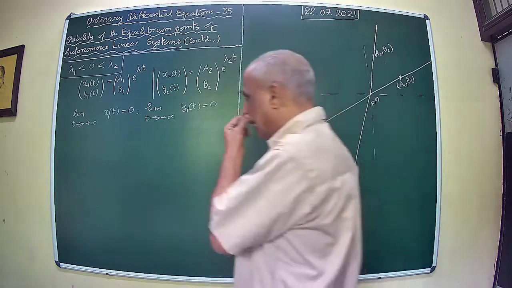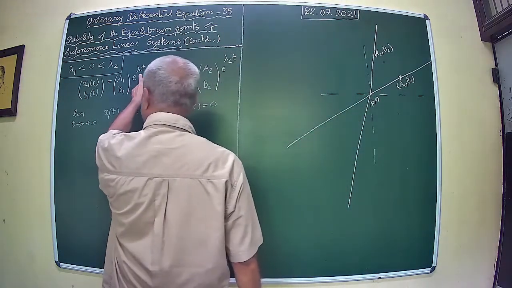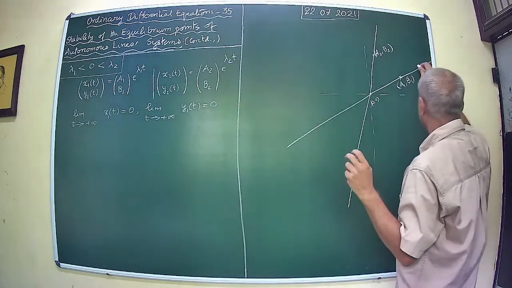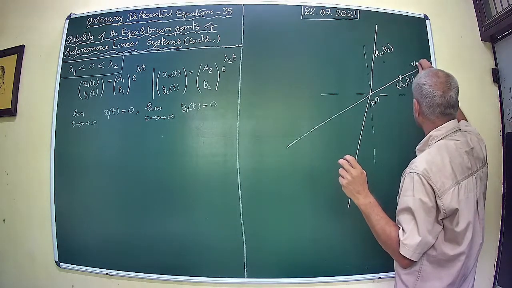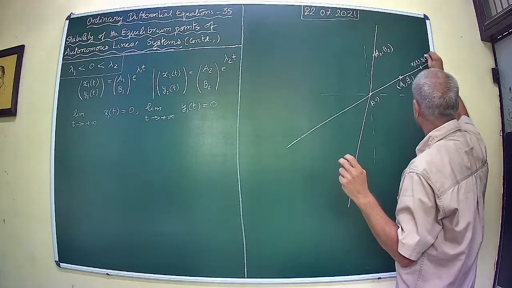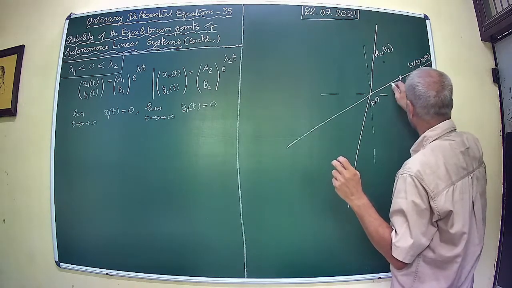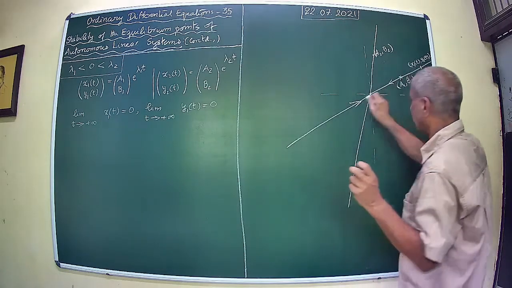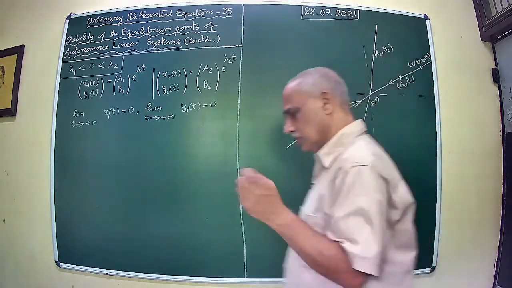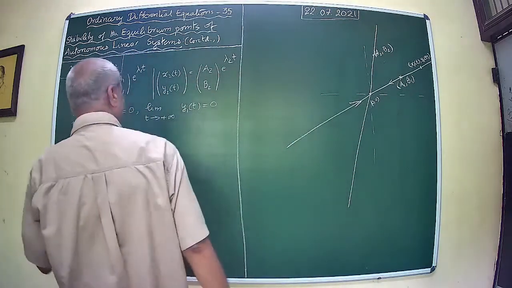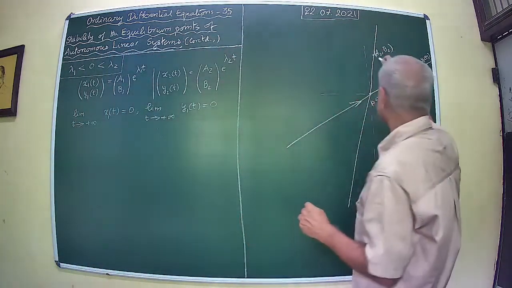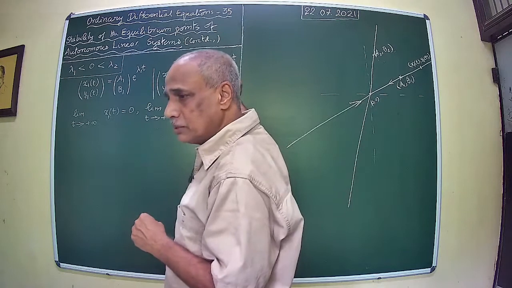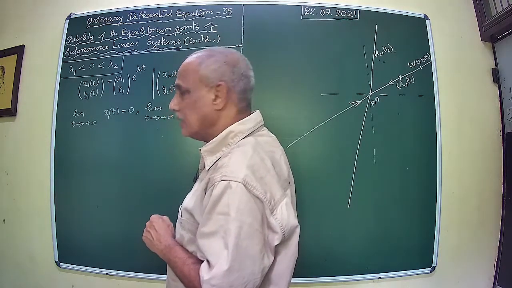And you see that since lambda 1 is negative, x1(t), y1(t), the path corresponding to this, goes to 0. These two characteristics have the property that they go to (0, 0). Whereas this characteristic, since it is associated with lambda 2 which is positive, becomes unbounded as t tends to plus infinity.